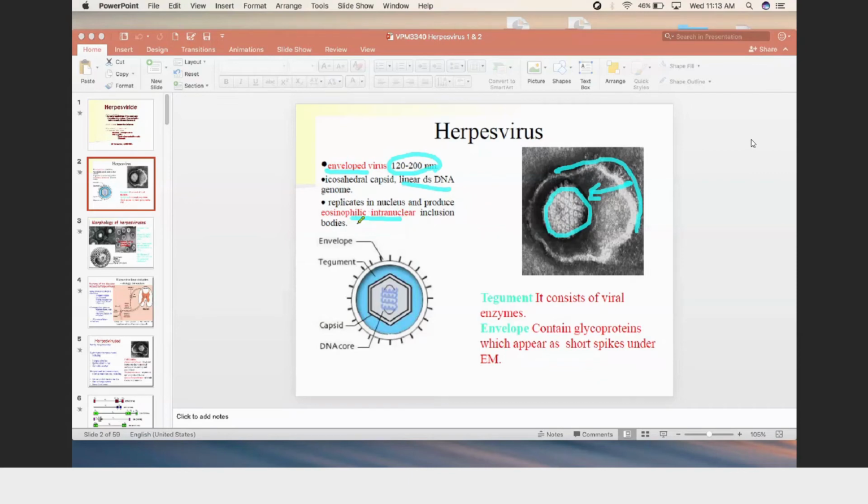Eosinophilic is more towards red-colored inclusion bodies. Under the microscope, we are going to see this. The tegument contains viral enzymes, and the envelope contains glycoprotein, which appears as short spikes under EM. You cannot even see here where those spikes are. This is actually glycoprotein, a viral protein.